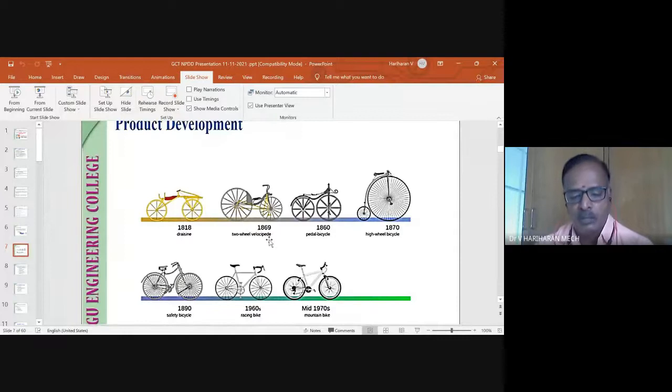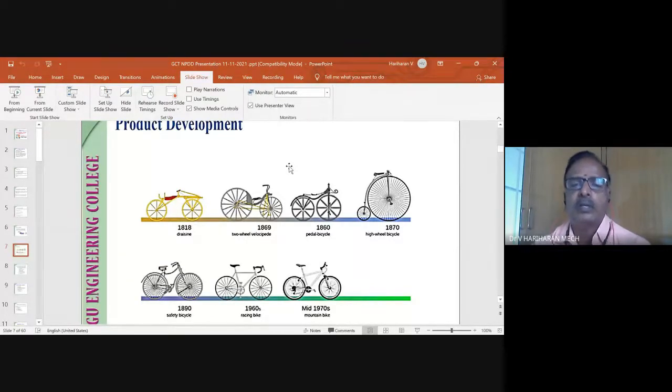Suppose, for example, you consider Maruti. Maruti cars were launched around 1981 to 82. Up to 2000, that is a 20 year duration, they launched almost 10 different varieties of Maruti cars of different models.